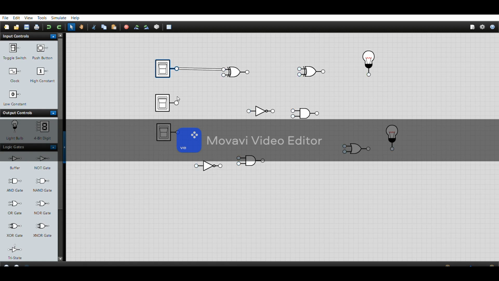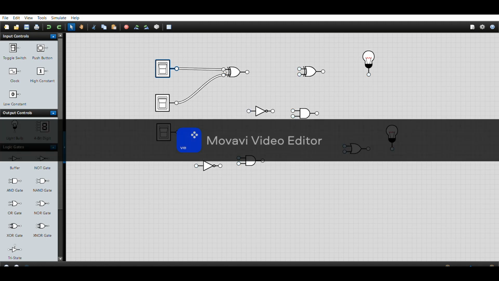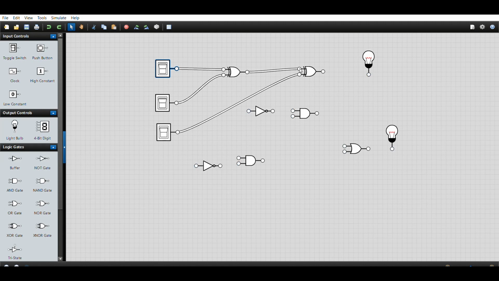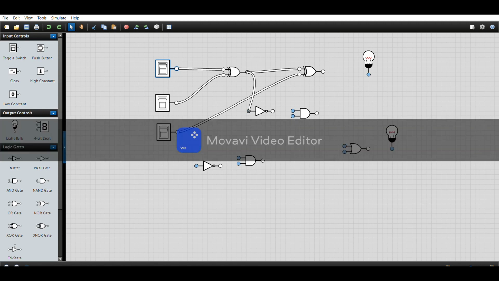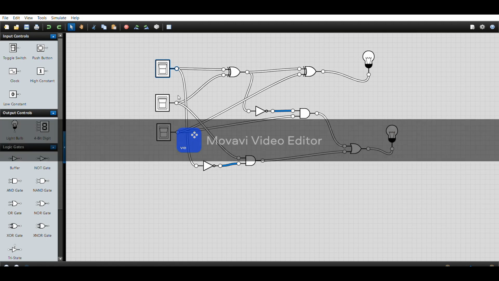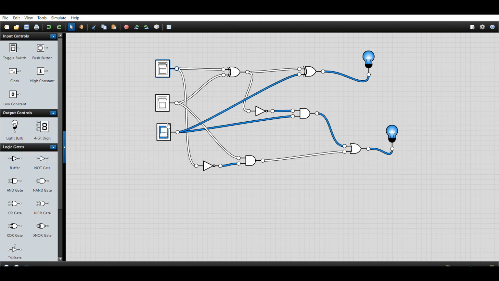For the implementation of the full subtractor, we need 3 inputs called switches, 2 XOR gates, 2 NOT gates, 2 AND gates and only 1 OR gate. We also need 2 outputs called lights. Let us connect the inputs and outputs together, and see some example inputs and outputs of the full subtractor.